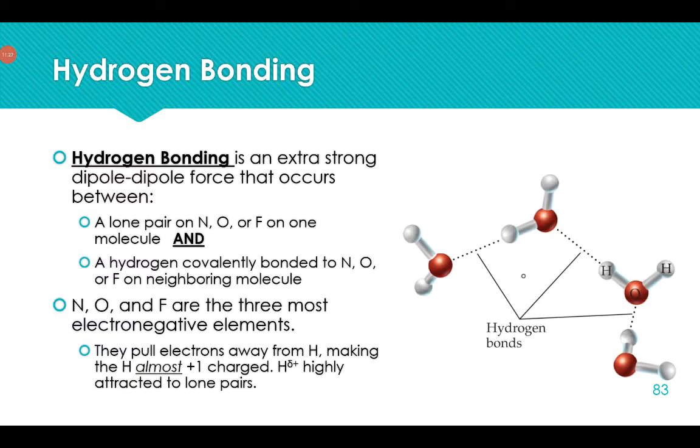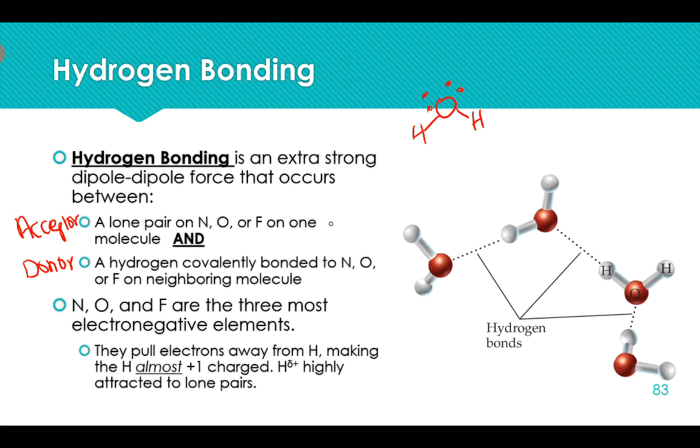Hydrogen bonding is our strongest intermolecular force. Hydrogen bonding is like an extreme dipole-dipole. It can only occur between what we call a donor and an acceptor. So if we look at the chemical structure of water, water is a classic example of where hydrogen bonding can occur.